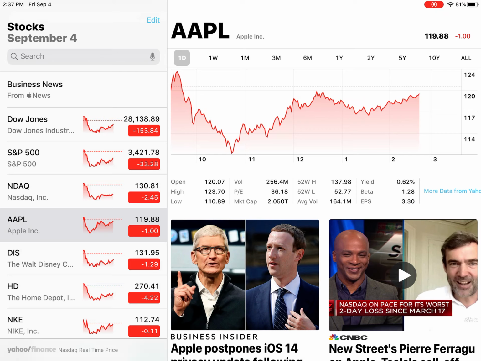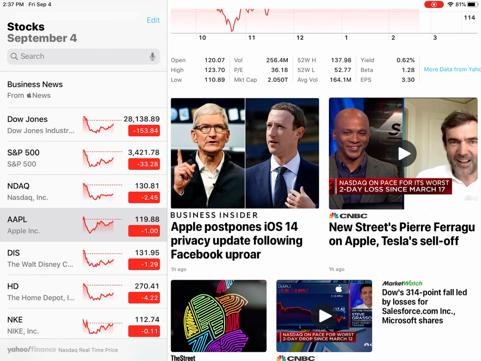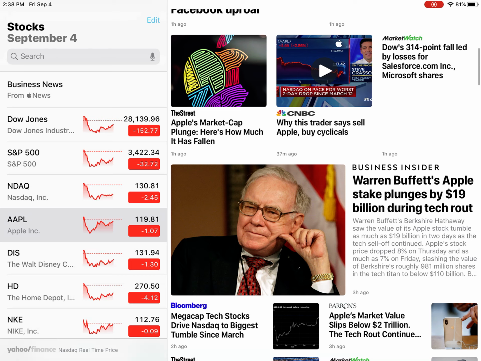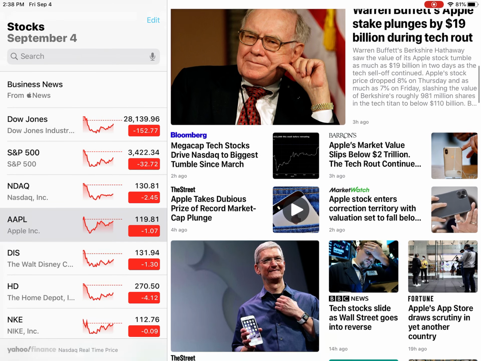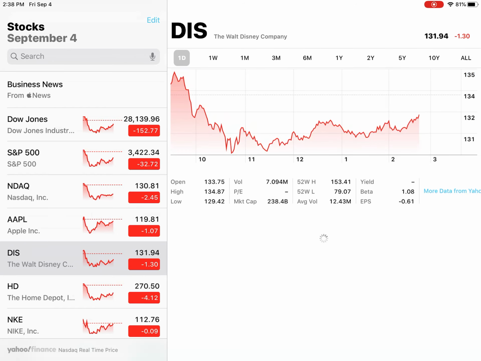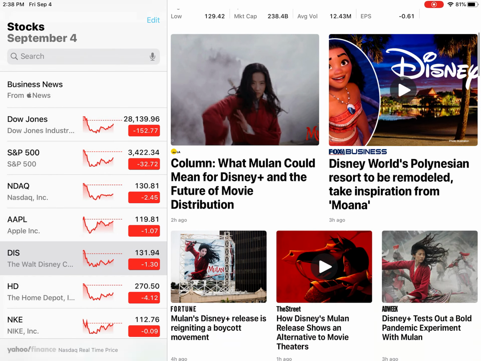What's nice about this app is that it also gives you newsworthy stories. If you scroll down, when you are on Apple's listing, you can scroll down and see lots of recent articles about the company. And if I switch, let's say, to Disney, now I can see stories about Disney.